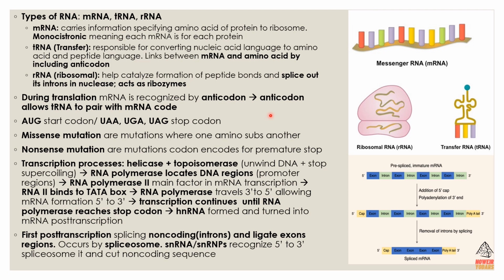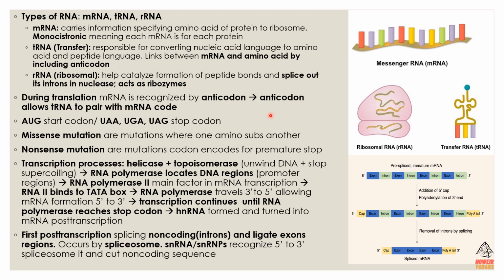It reads the 3' to 5' strand, which we can consider the lagging strand, and synthesizes in the 5' to 3' direction. It continues until the RNA reaches a stop codon, UAA, UGA, or UAG, and then hnRNA is formed.